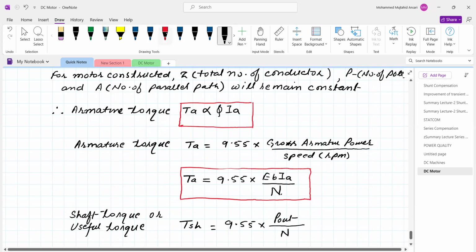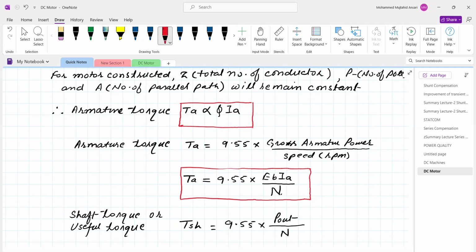In this way, we can calculate the power output.